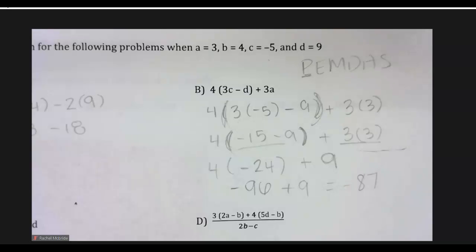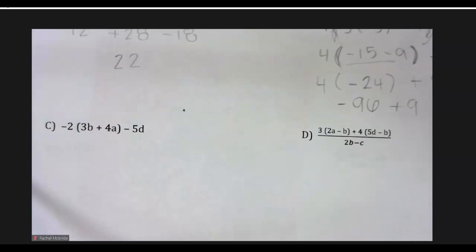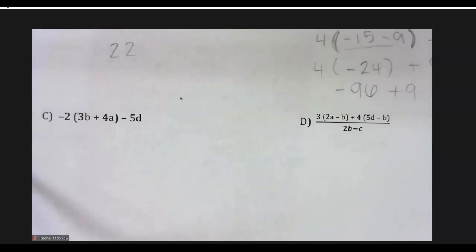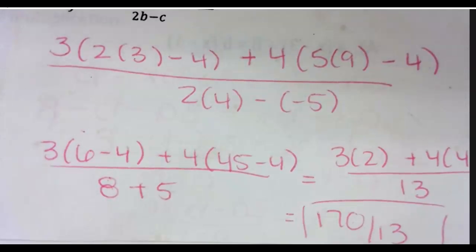Add 9 to that, and you get negative 87. Okay, take a minute and try the 2 down at the bottom, and then we'll do them together as a group. So again, you want to start by plugging in all of your values, then working within your parentheses to get rid of multiplication.